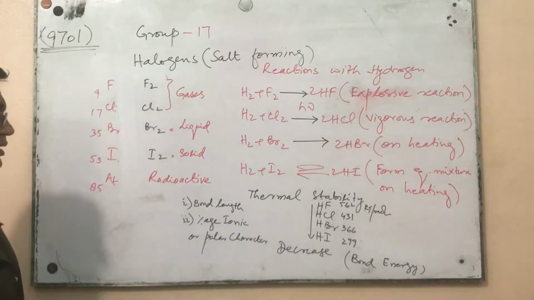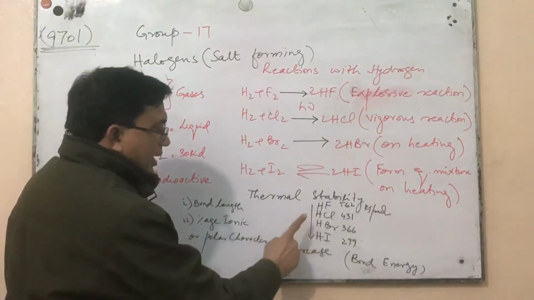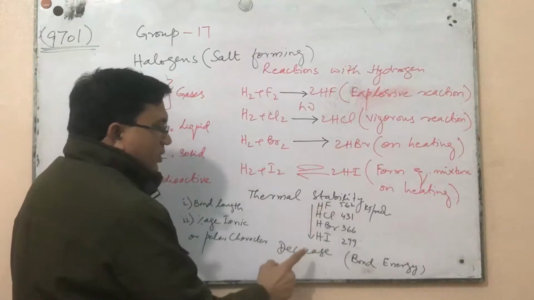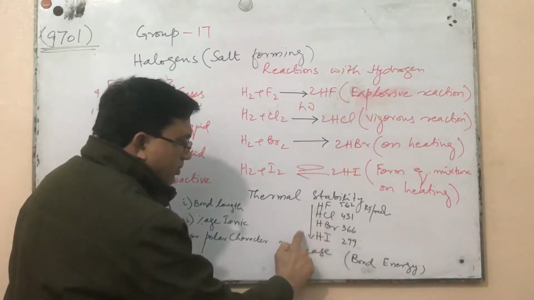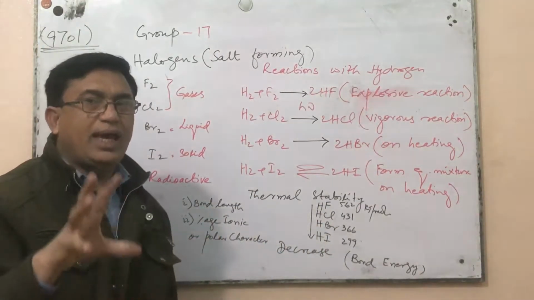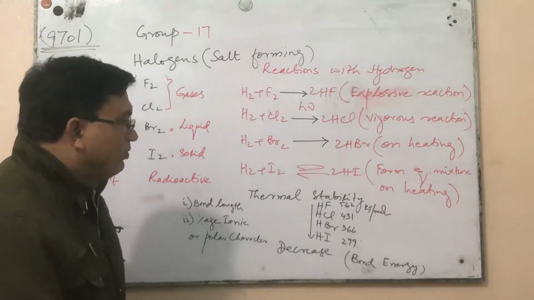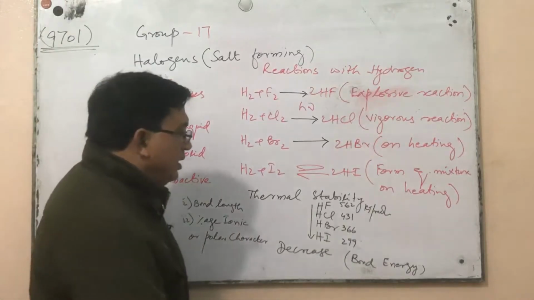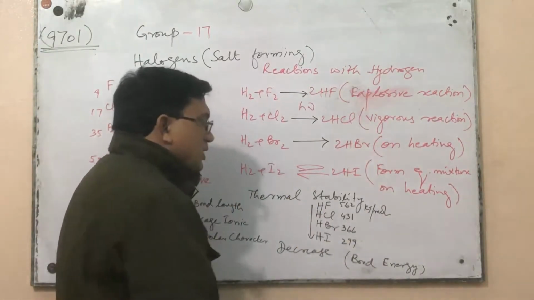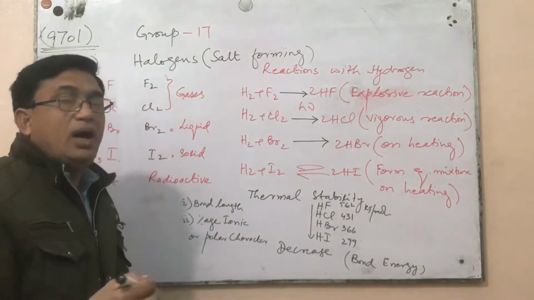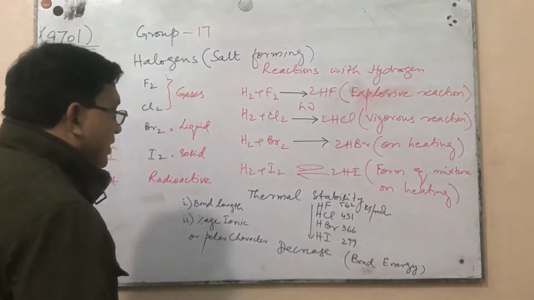Next is the thermal stability. As we know, from top to bottom, the size of the halogen atom is increasing. So what will happen? Automatically, due to the increasing size, but also due to the large electronegativity difference.